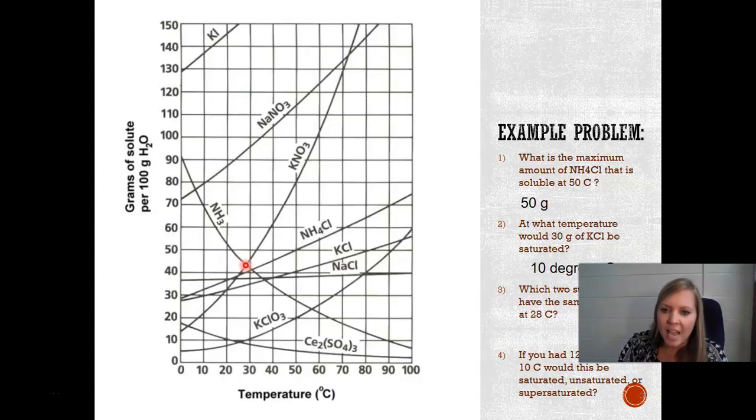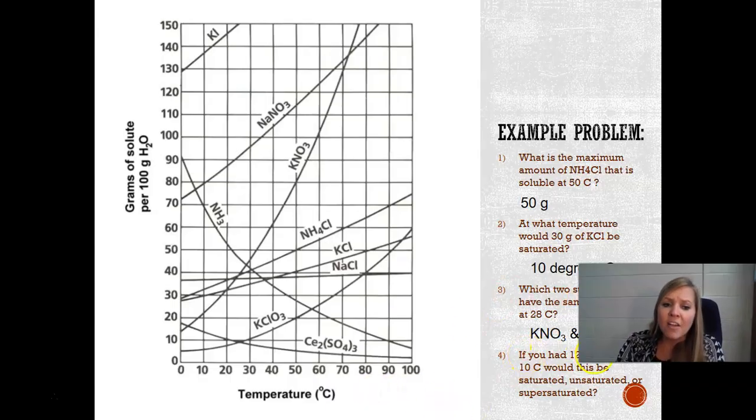So we would say that NH3 and KNO3 both have the same solubility at 28 degrees Celsius. I know we don't know what KNO3 and NH3 are. That's totally fine. I'm asking you which two substances dissolve the same amount at this specific temperature.